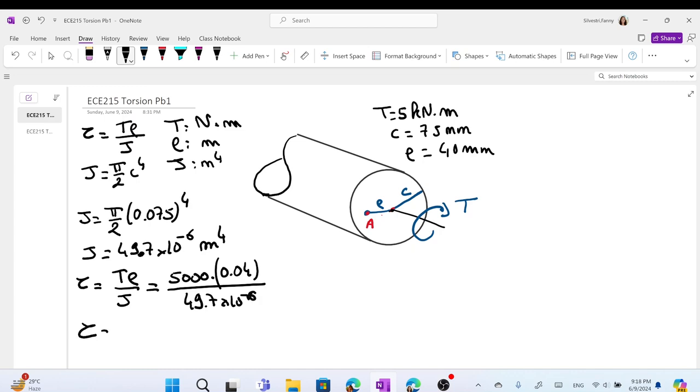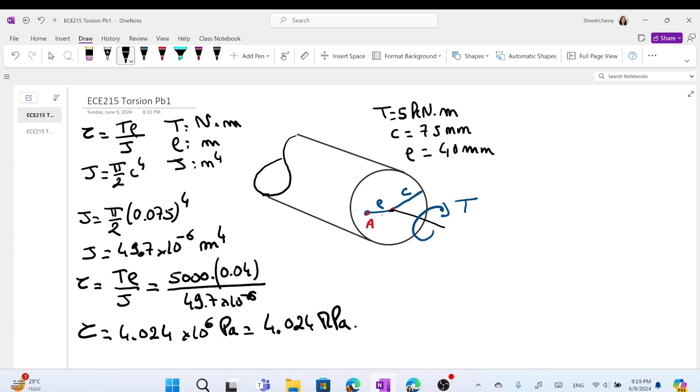So we get tau equals 4.024 times 10 to the 6 Pascal. That's equivalent to 4.024 megapascal, so Newton per millimeter squared.